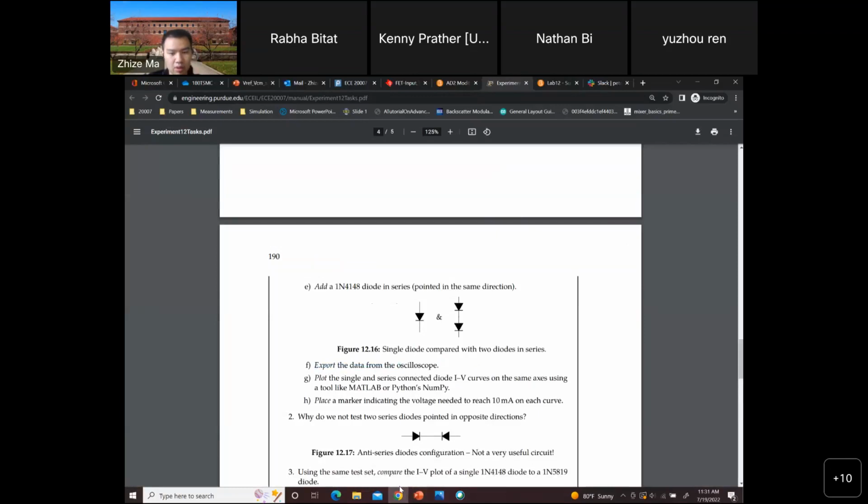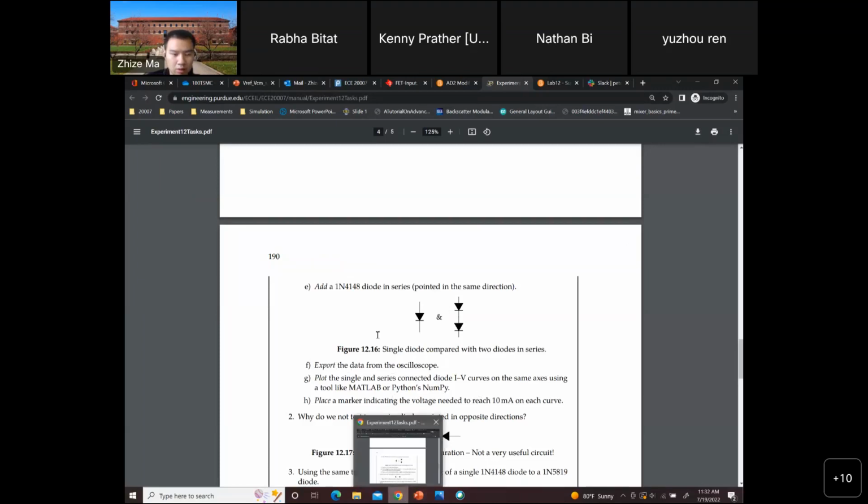The difference is last time you plotted the time scale and channel 1 or channel 2. But this time, after you export the data to Excel or MATLAB, you will need to plot channel 1 and channel 2 as your axes, because you want the IV curve.